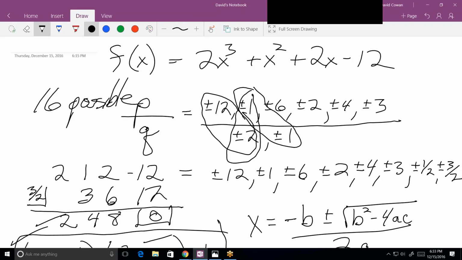In order to group it, you need the ratio of that coefficient to that coefficient to be the same as the ratio of that coefficient to that coefficient. And in this case, they're not even close. That's 2 to 1, and this is 2 over minus 12. But if they were the same fractions, then I could group it, and I can do the problem in 2 minutes instead of 20.